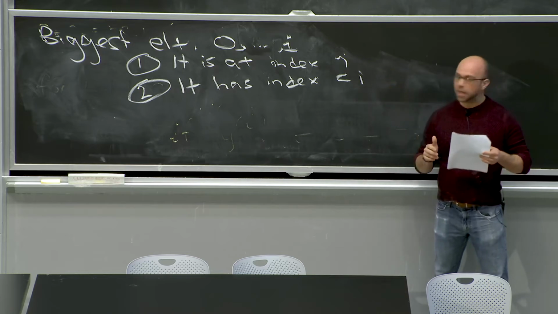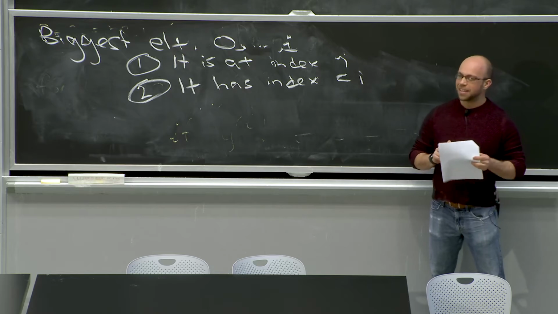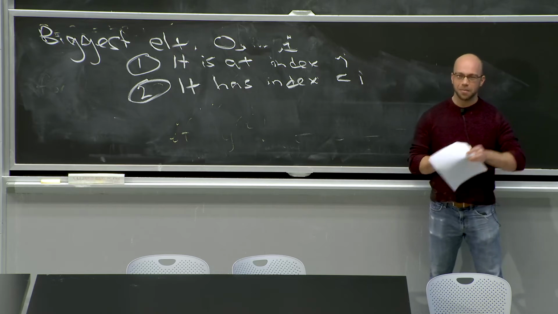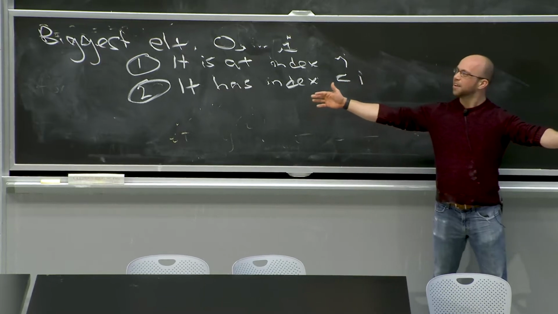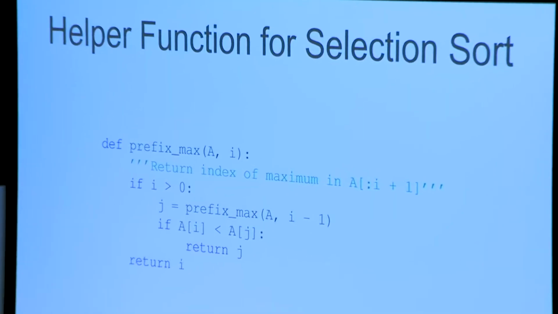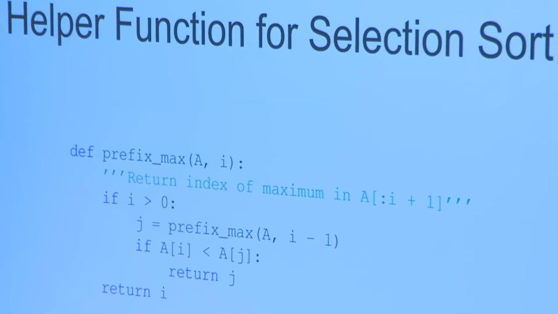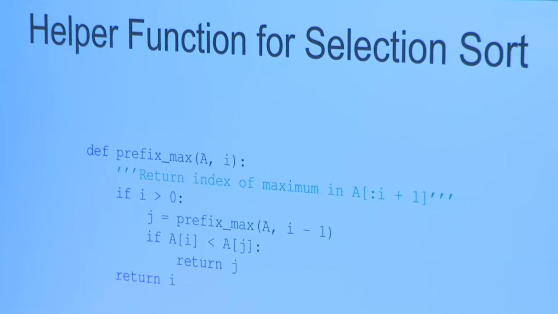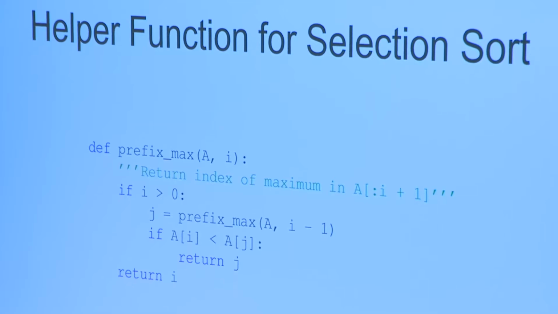So this gives us a really simple algorithm for finding the biggest element in the array between index 0 and index I, which is what I've shown you on the screen here. I'd write it on the board, but I am a slow writer and already low on time. And so essentially, what did I implement? Well, I found the biggest element between index 0 and index I minus 1. Right?